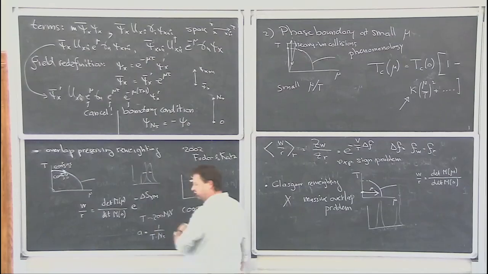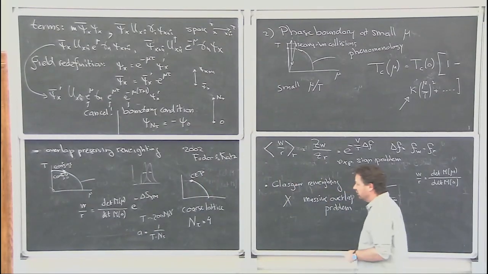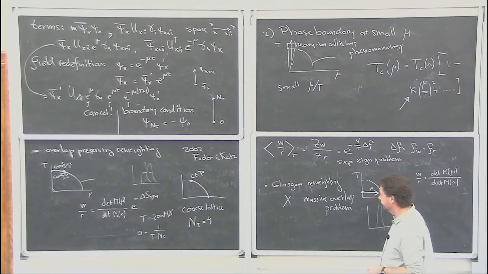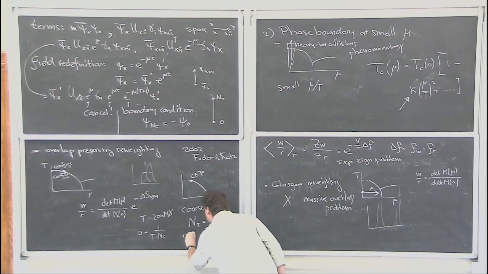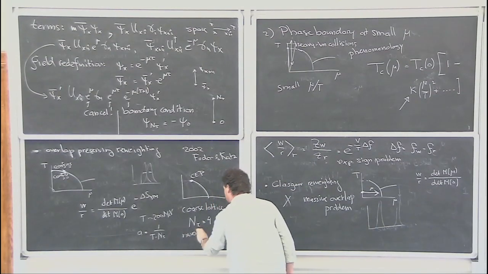So you can compute the lattice spacing in this way, and it's quite a coarse lattice. And it has never been repeated either. So there would be a real interest to go to smaller lattice spacing.